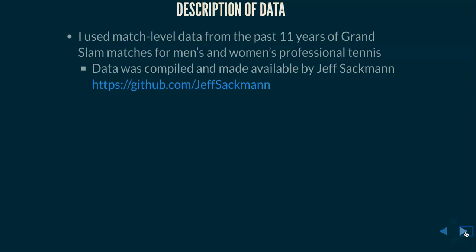So first serve percentage, which was the main predictor we used, was first serve percentage from the entire match. And the data was compiled and made available by Jeff Sackman, who is a sports analyst, but he also provides a lot of data for anyone to use on his GitHub.